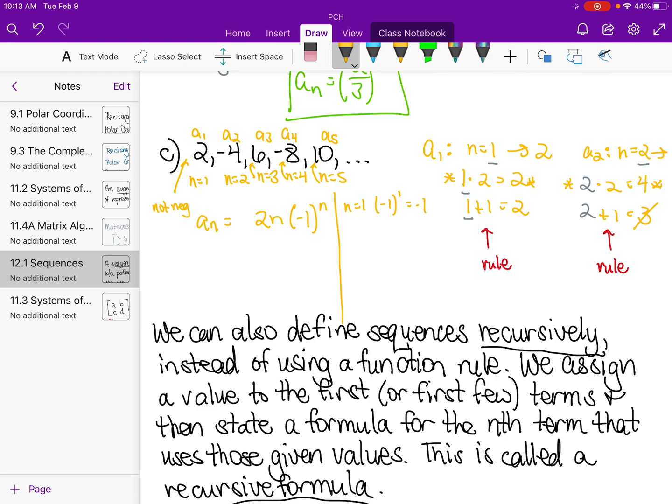So I know it's not going to be the n power. Let's write this as n plus 1 power, let's see what happens. If I plug in a 1, I have -1 to the n plus 1, which is -1 squared, and that works. That's positive. Now let's try it for n equals 2.